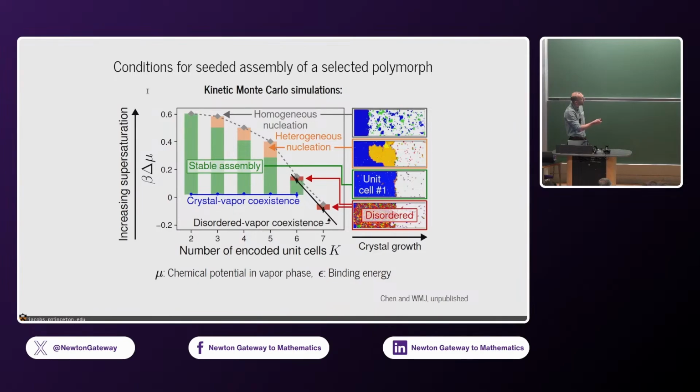We can also have heterogeneous nucleation of different encoded structures that grow on top of one another. But what I want to draw your attention to at this storage capacity is the fact that in this carefully chosen example, you can actually see a direct transition from the growth of one of these encoded structures to this disordered phase here.